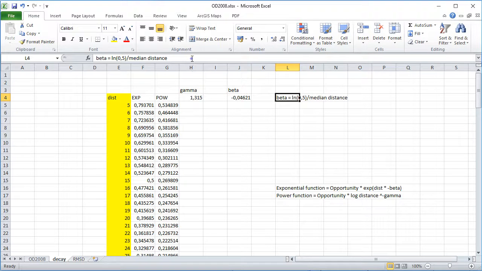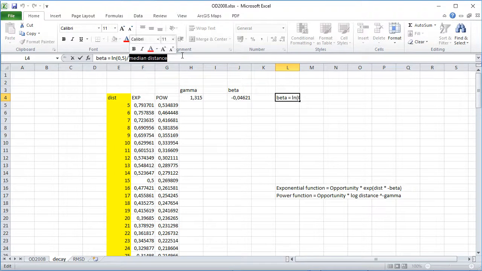In this one, you could see here that you've got the log of 0.5, and 0.5 here represents the median value. So if you want to have the first quartile of 4, you would write 0.25. And then you would replace the median value with a quarter value of distance, where the first quarter of the population commutes.